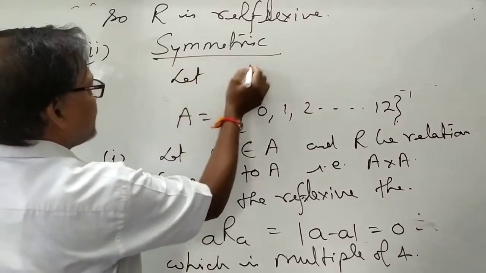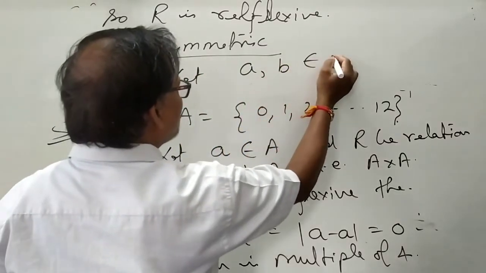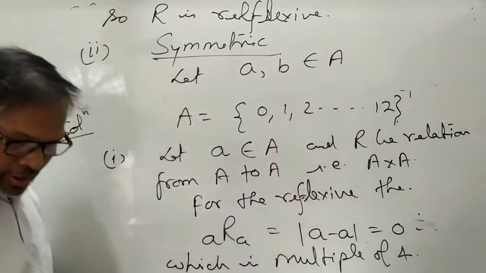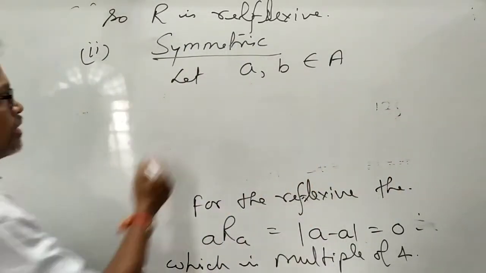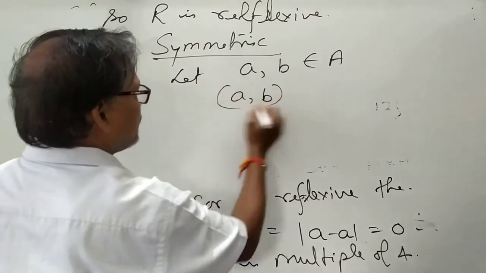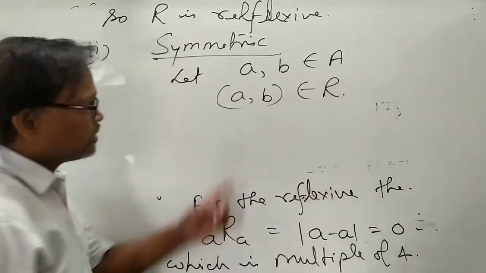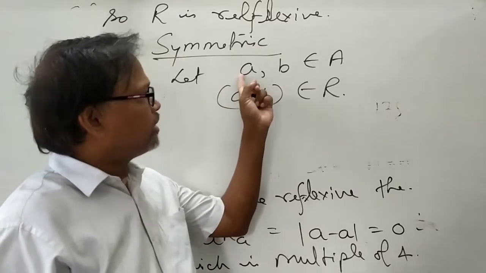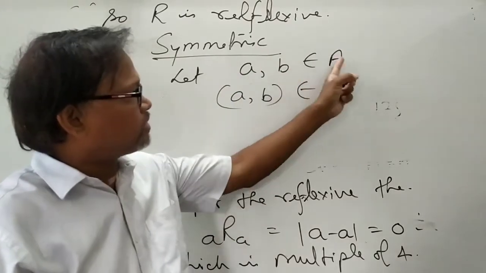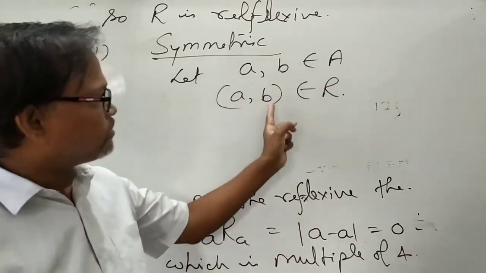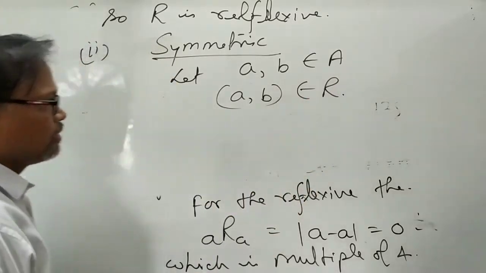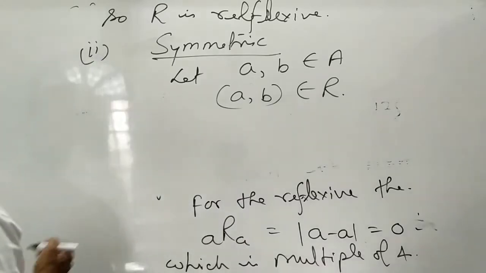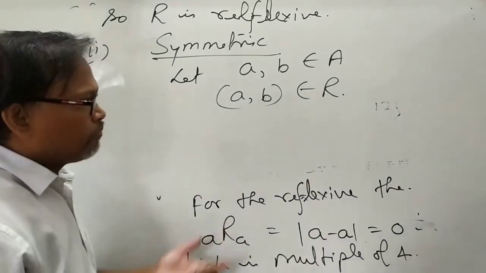Let A, B belong to set A and (A, B) belongs to R. This I told you in the earlier video: A, B means the elements from the set A, but when you write in the small bracket it means they belong to the relation R. This is the order. And also (B, A) belongs to R.